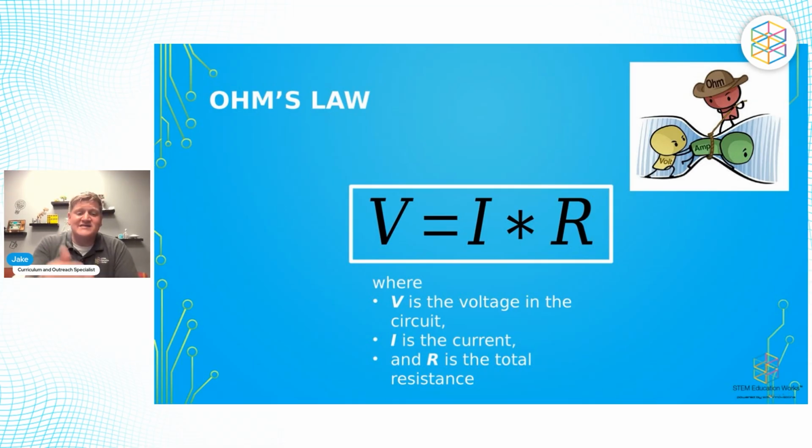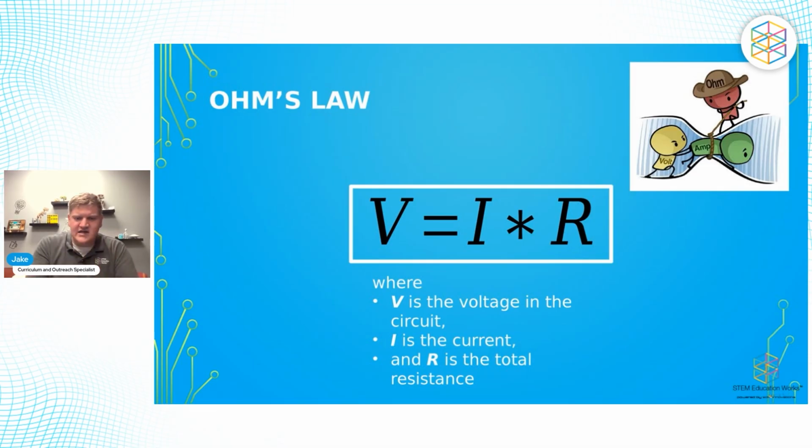And Ohm's law basically states what you're seeing here. Your voltage in your circuit is equal to the current times the resistance, V equals IR. Very common equation that your students will be using quite frequently when they're studying circuitry in the STEM classroom.